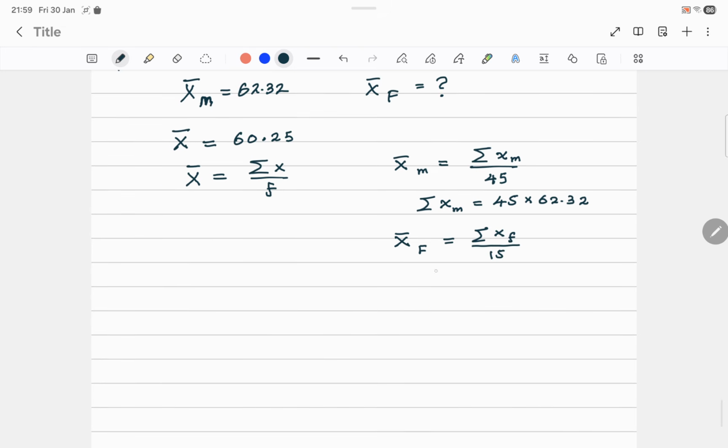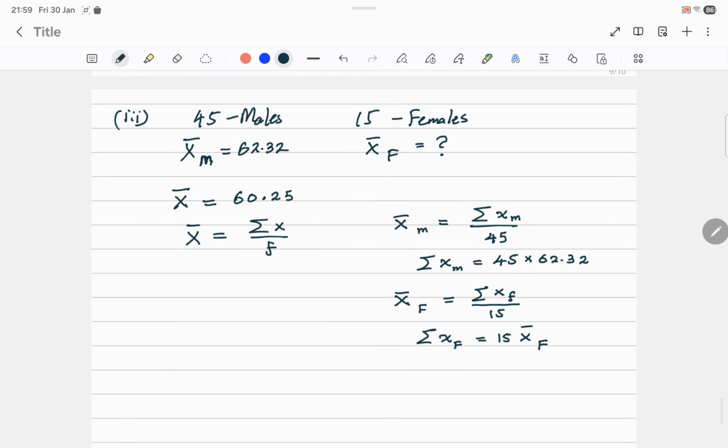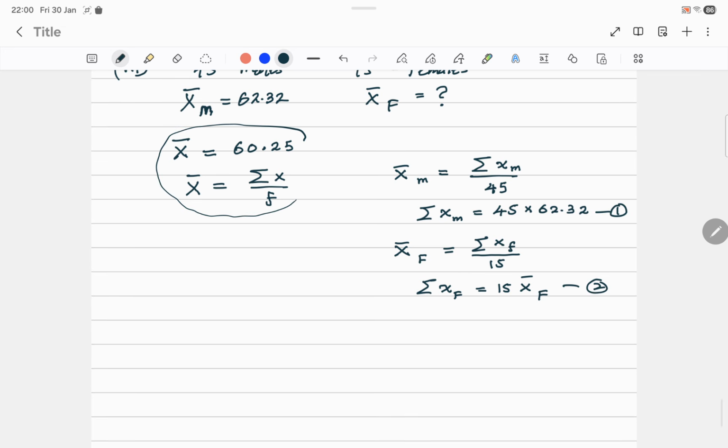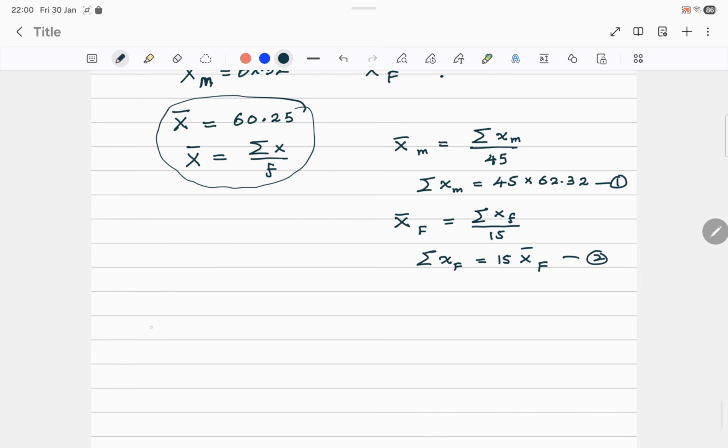So sigma x females would give you 15 into the female mean, which is what we want to find. Then we label these 1 and 2, then come back to this one. The total one we know, which is 60.25.